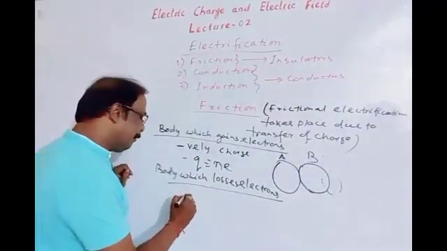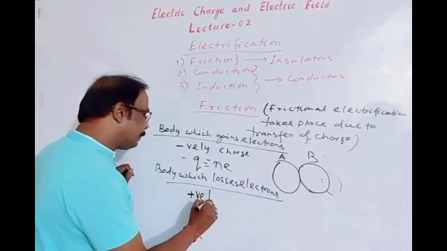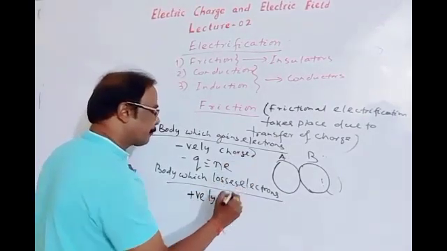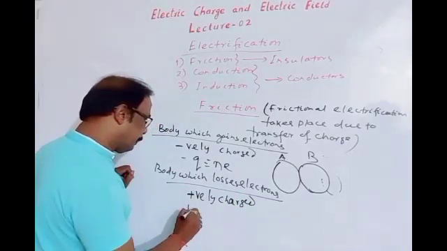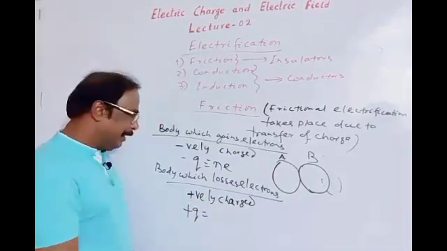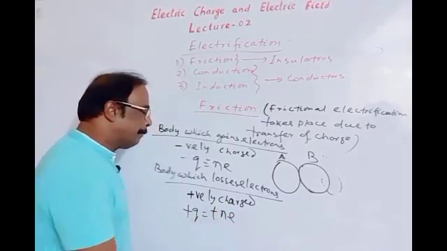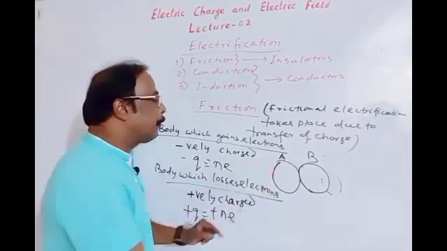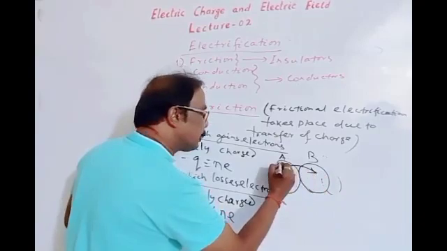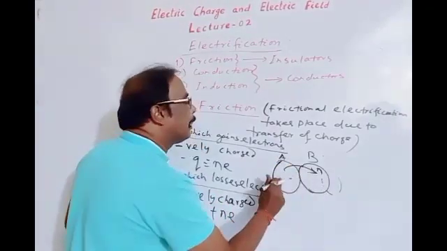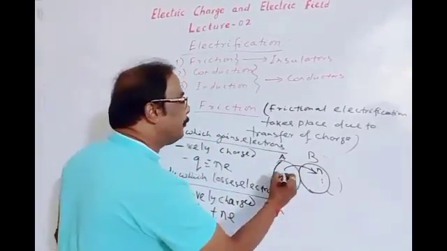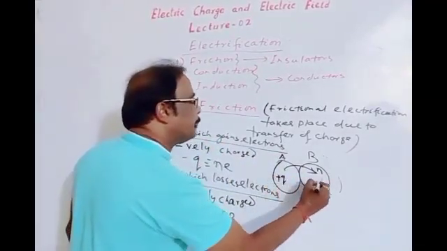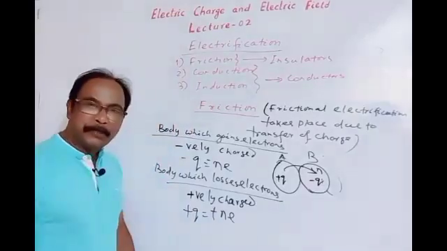The body will be positively charged, and that positive charge, let it be plus q, again it will be plus ne, because the number of electrons lost by body A is n, and the number of electrons gained by body B is also n. So this body will have plus q and this body will have minus q.